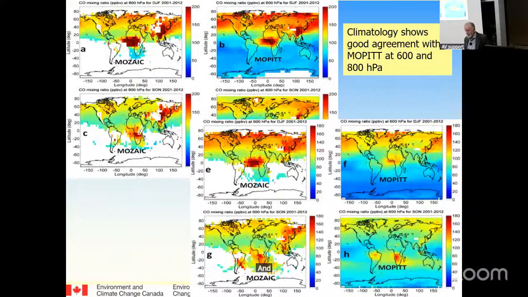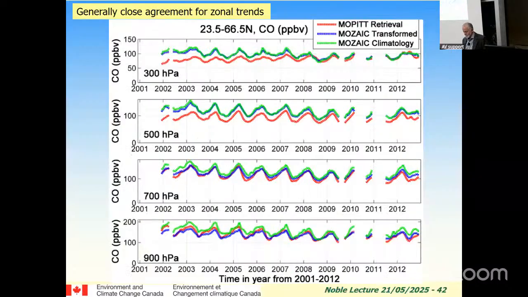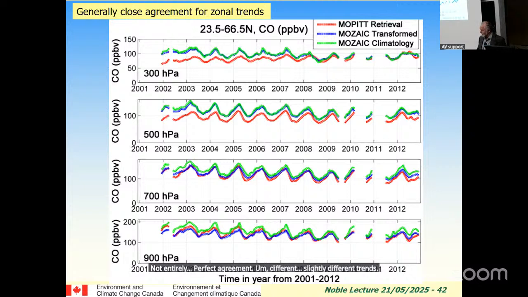And they compare very well with MOPITT. Not entirely perfect agreement, slightly different trends. We got into some arguments with the MOPITT validation team about that.